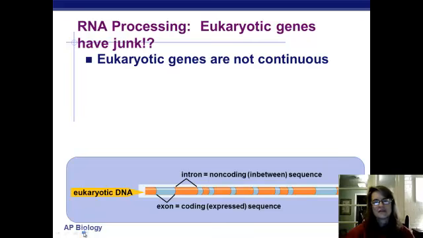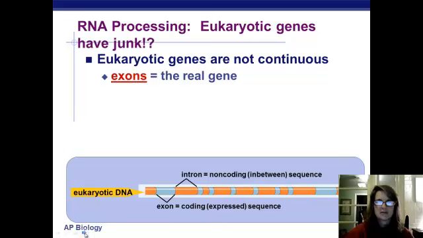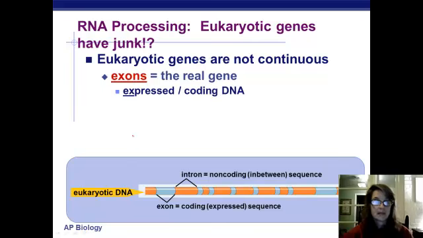Let me explain further. Eukaryotic genes have some nucleotide sequences within them that are usually not useful to the protein you're trying to make. The part that is relevant to the protein you're trying to make is called the exons, the real part of the gene, the expressed coding RNA that came from good coding DNA.